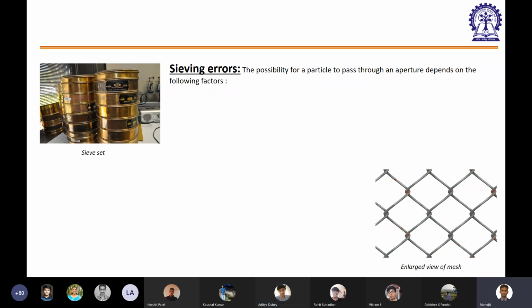Okay, let's go point by point. The first point: the aperture size may deform because of wear and tear from long use or something like that. That can be one reason.